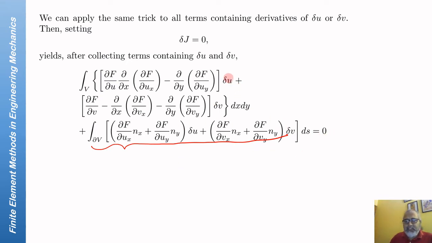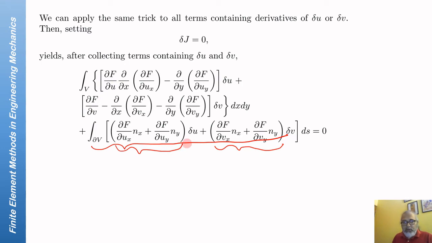I again apply the logic that delta u and delta v are completely arbitrary functions of x and y, and therefore for the volume integral to be 0, the term inside the first bracket has to be 0, the term inside this bracket also has to be 0, and this surface term has to be 0 separately. So when this surface term has to be 0, again delta u and delta v are arbitrary, so this has to be 0 on the surface, this has to be 0 on the surface as well.